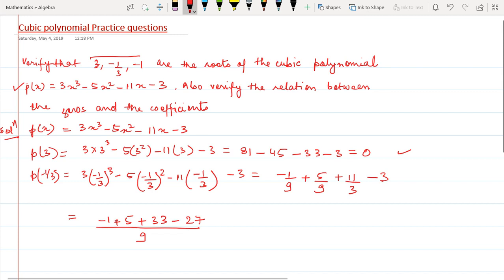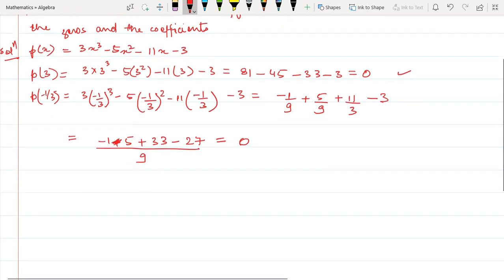Sorry, this will be a minus here, and that was the mistake, and I get a 0 here. So p of minus 1 by 3 also satisfies the equation.